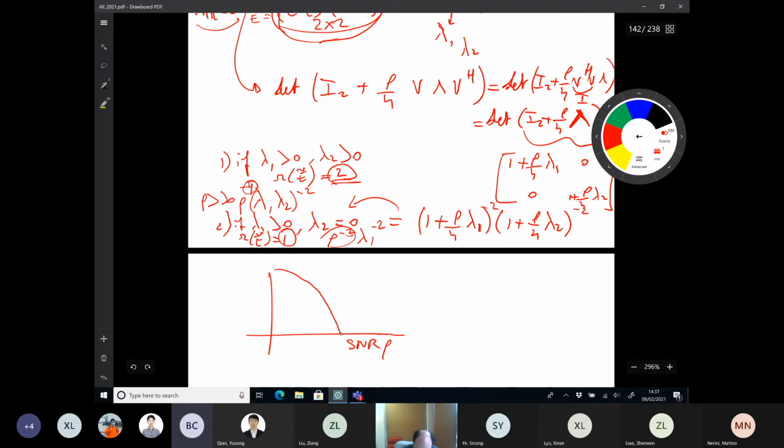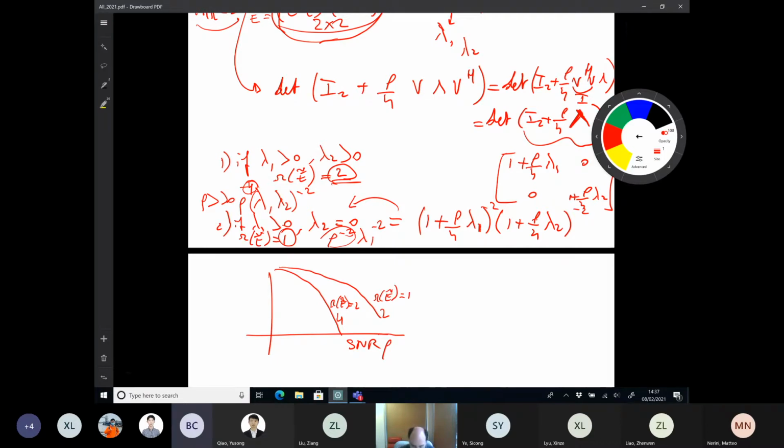That means I'm going to have something that goes like this. Diversity gain of 4 for a rank equal to 2. This one, I have a diversity gain of 2, because the rank of my error matrix is equal to 1.